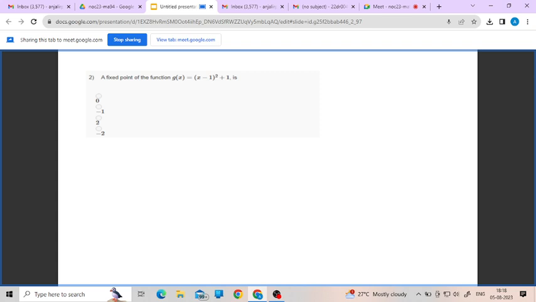The order of convergence of regula falsi method. What is it? 1.61, 1.618. Okay.